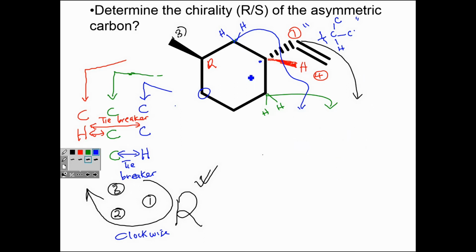Start over again with blue. You have this carbon bonded to another carbon, and so you have that carbon, that's this guy, bonded to another carbon, and the other carbon is bonded to a carbon.